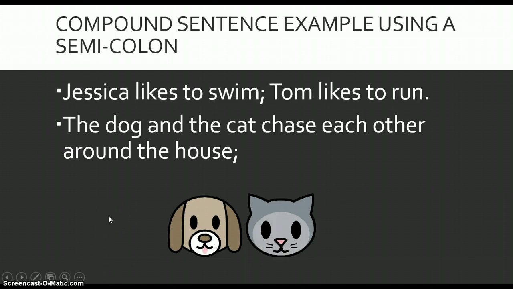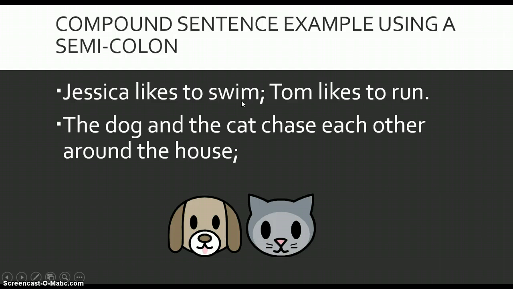Here are two sentences that use a semicolon instead of a comma and a coordinating conjunction. This is another way to combine independent clauses. Our first sentence is, Jessica likes to swim; Tom likes to run. You'll notice these two thoughts or these two sentences go together. It wouldn't make sense to say, Jessica likes to swim; penguins are awesome.